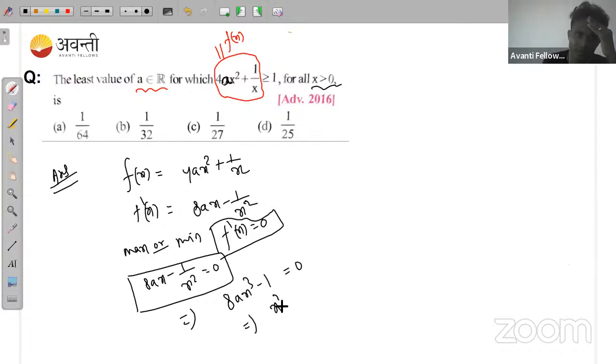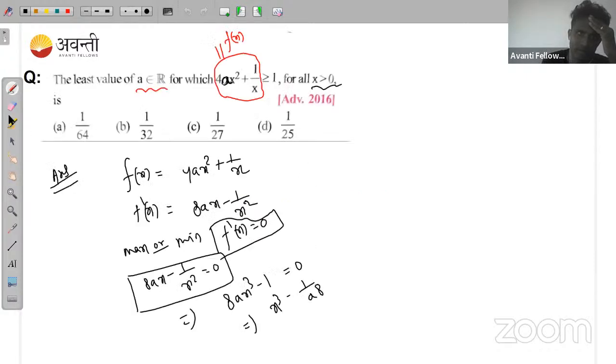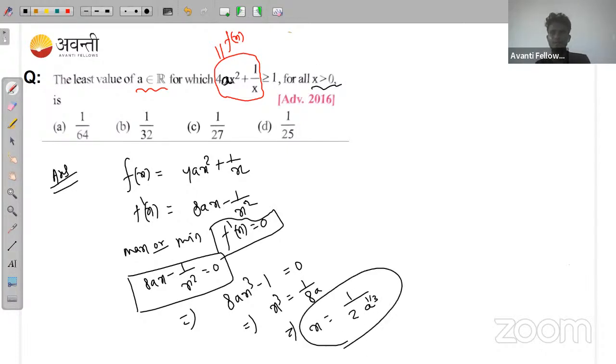So that is x cube is equal to 1 by 8a. Okay, 1 by 8a. So that implies x कितना हो जाएगा? 1 by 2 into a to the power 1 by 3. हाँ. Okay. So this is your value of x here.